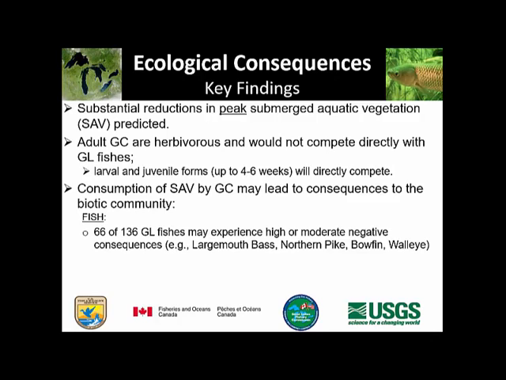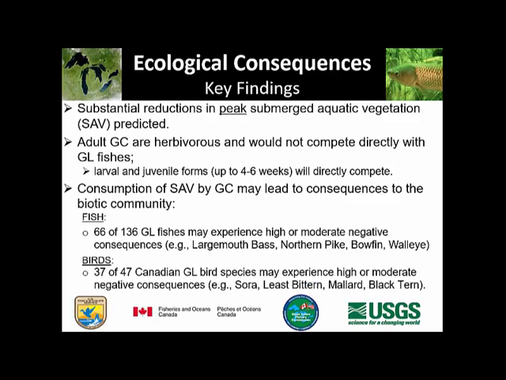We also looked at the potential impacts to birds. And interestingly, here we had data for birds on the Canadian side of the Great Lakes. And 37 of the 47 birds in that list could experience high or moderate negative consequences.